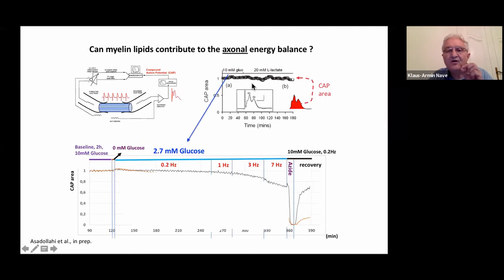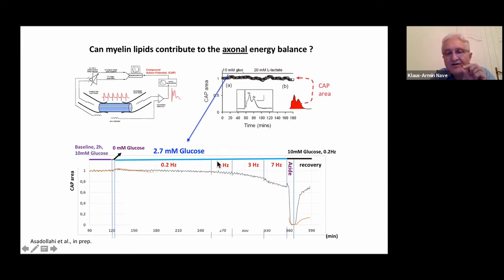Now, we did this not with 10 millimolar glucose, but with a very low glucose concentration, namely 2 millimolar glucose. This was empirically determined as that amount of glucose that is required to maintain a stable signal at a very low spiking frequency.